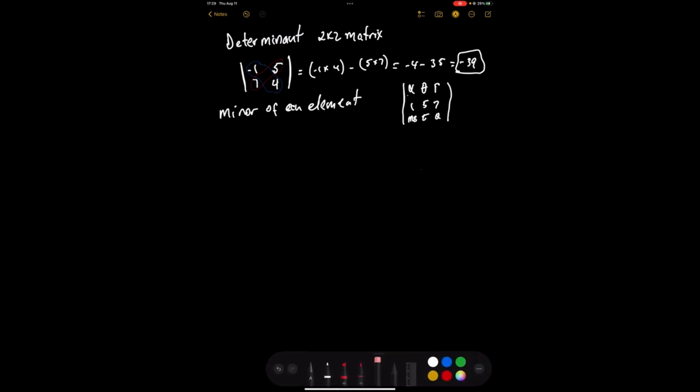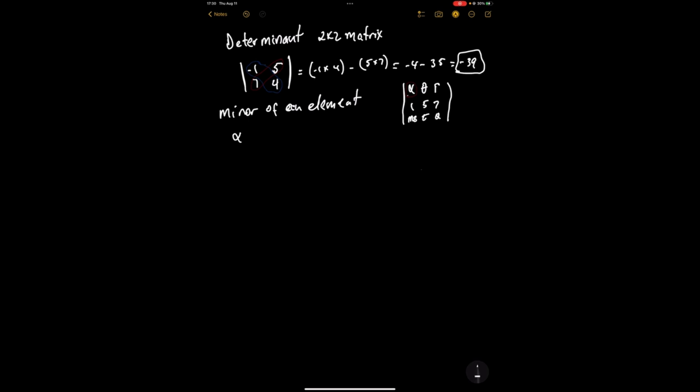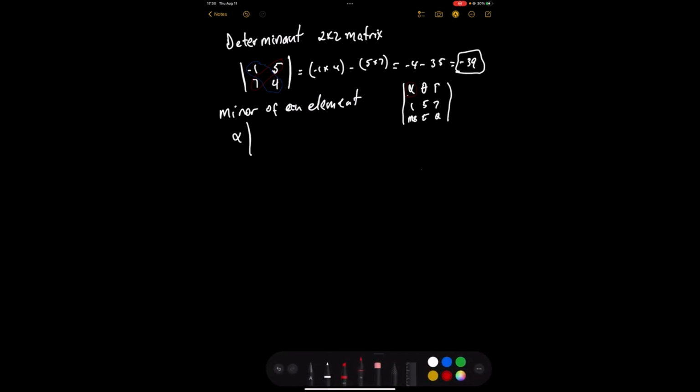The minor of alpha is basically, you take alpha out, and then you rewrite the determinant. By doing this, you are crossing out every other element that is on the same row and column of alpha.